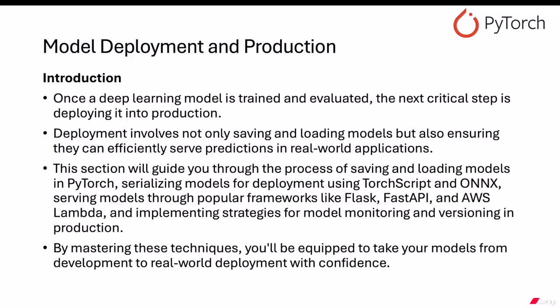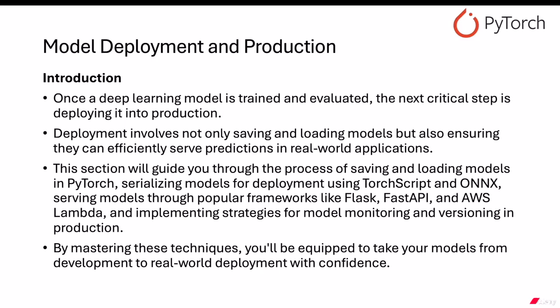Model deployment and production. Once a deep learning model is trained and evaluated, the next critical step is deploying it into production. Deployment involves not only saving and loading models but also ensuring they can efficiently serve predictions in real world applications.